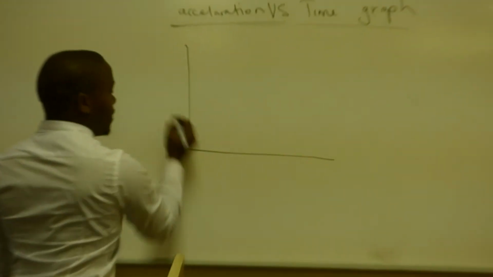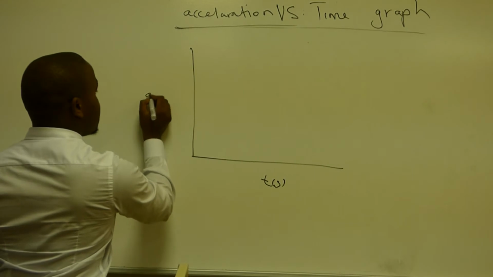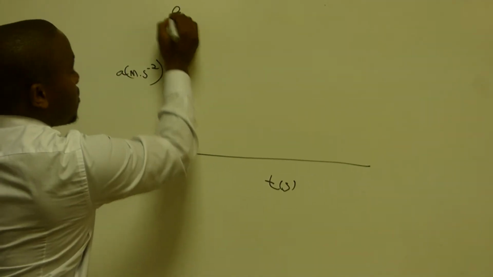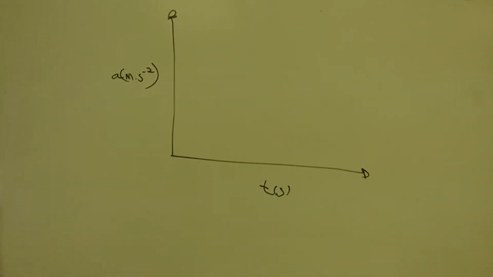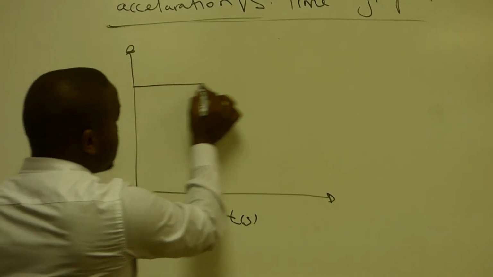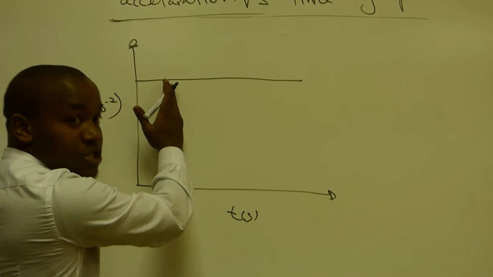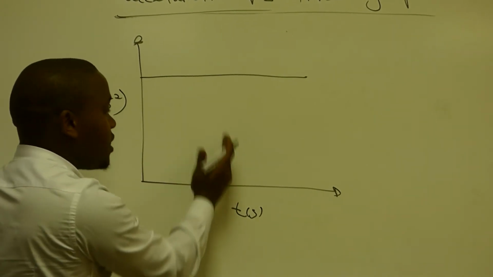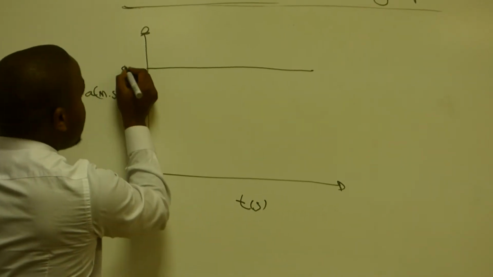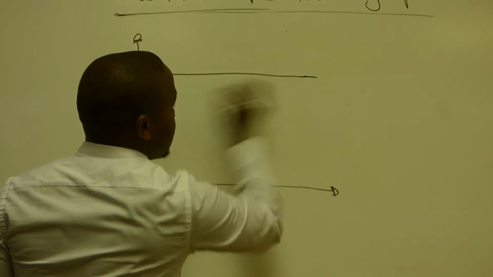I have time here, and the acceleration in meters per second squared. I said it's constant. So at time 1, acceleration will still be g, 9.8 meters per second squared. At time 2, acceleration will be g. Do you guys understand? So here you can even write the value, 9.8. So that will be my acceleration.